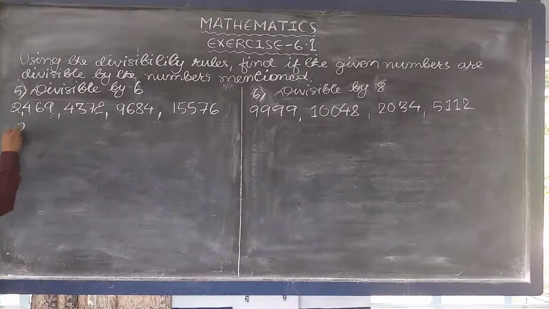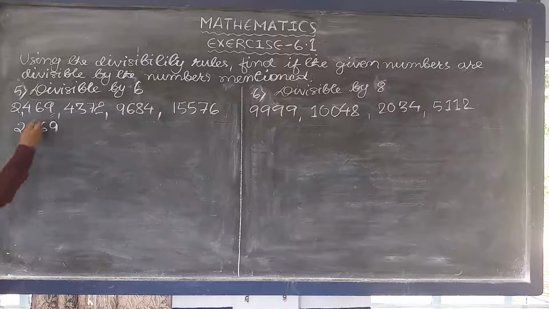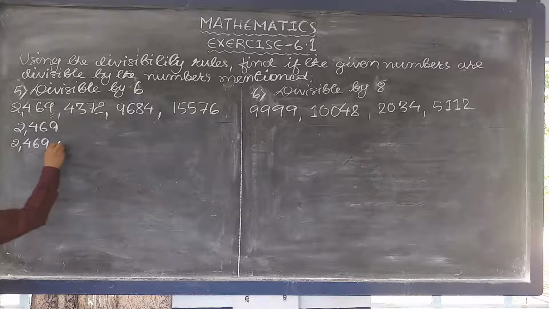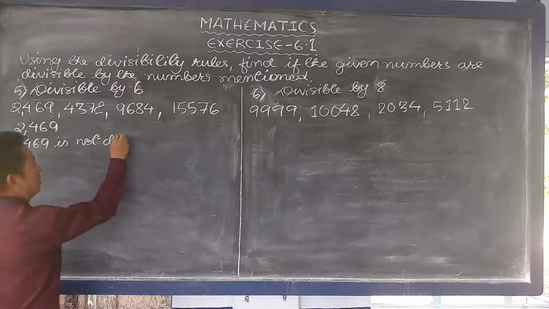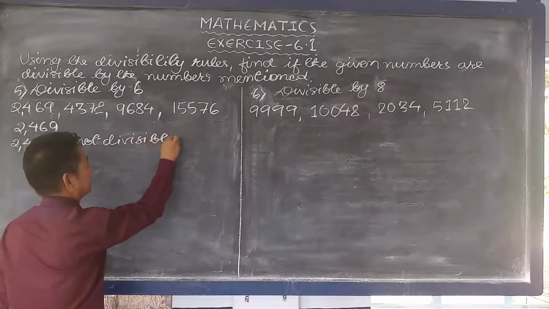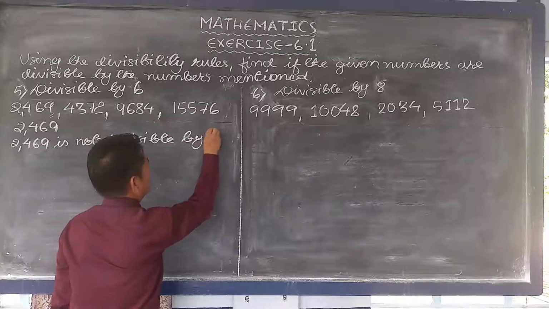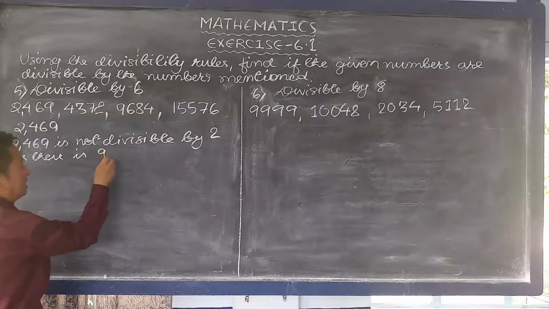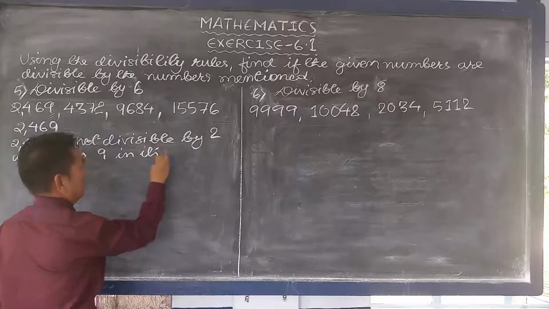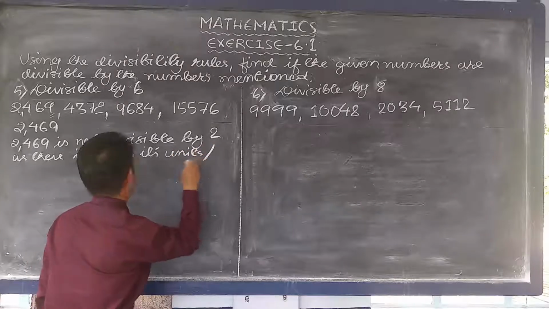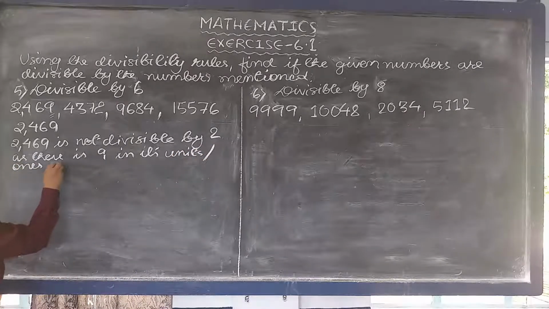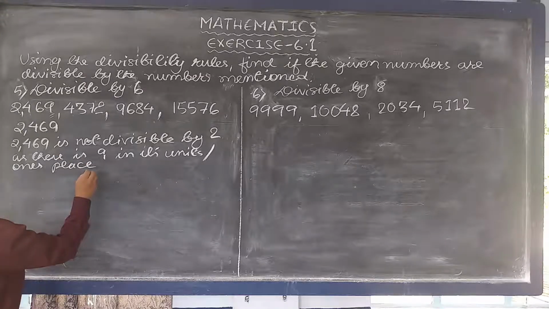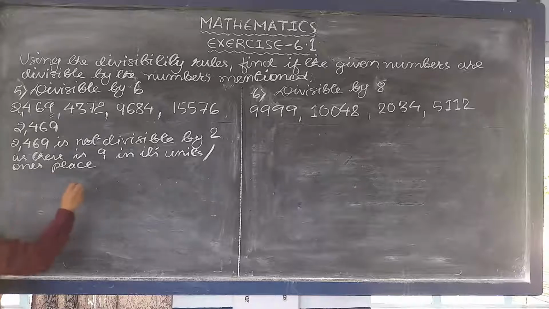First I'll take this one. 2, 4, 6, 9. 2469 is not divisible by 2 as there is 9 in its units or one's place, which is an odd number.